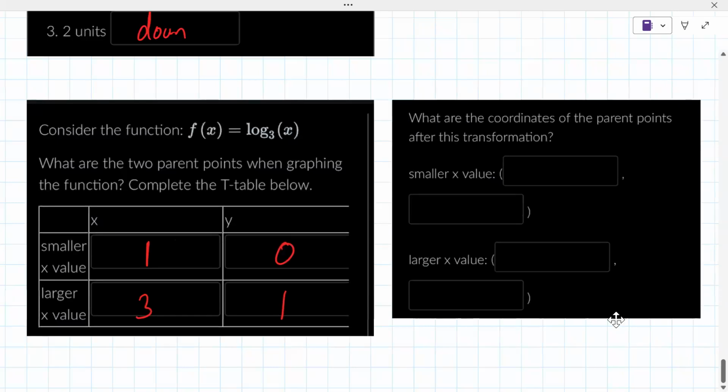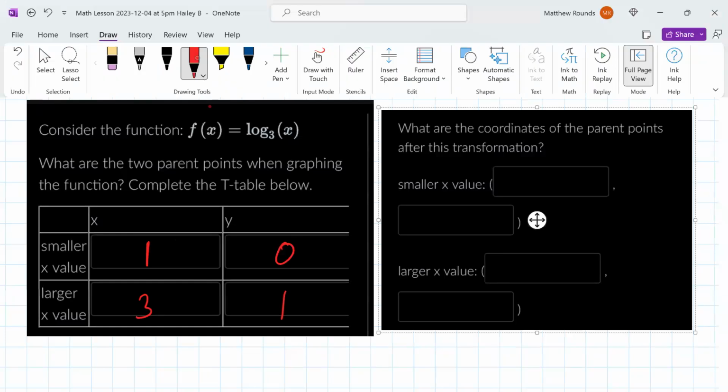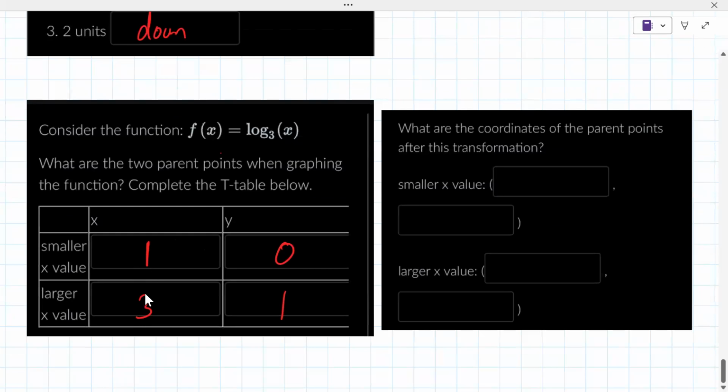The only thing affecting the x value is the left 1 unit. So these are each going left 1 unit. So 1 goes to 0 and 3 goes to 2. That's what's meant by left 1 unit.